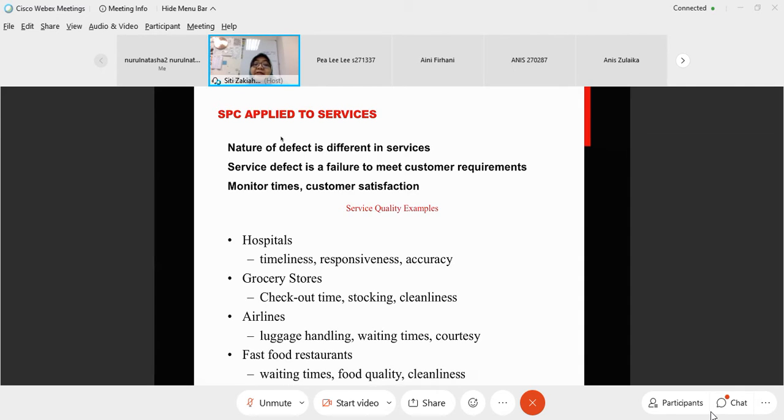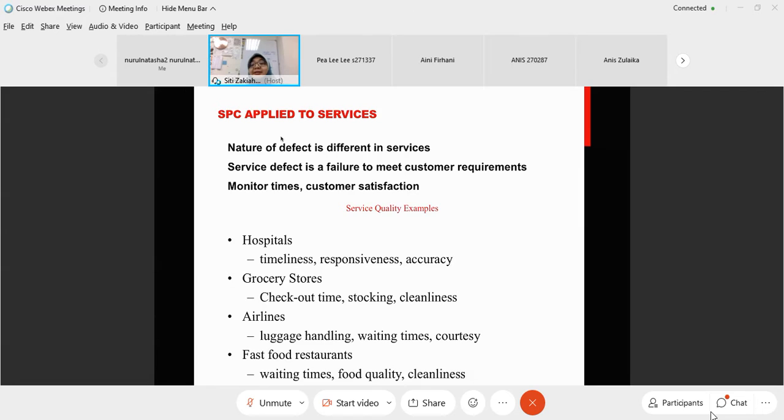Airlines, luggage: if you take a flight, maybe you arrive on time but have to wait long for your luggage. And then waiting times to board the plane, and whether your flight is delayed or not.